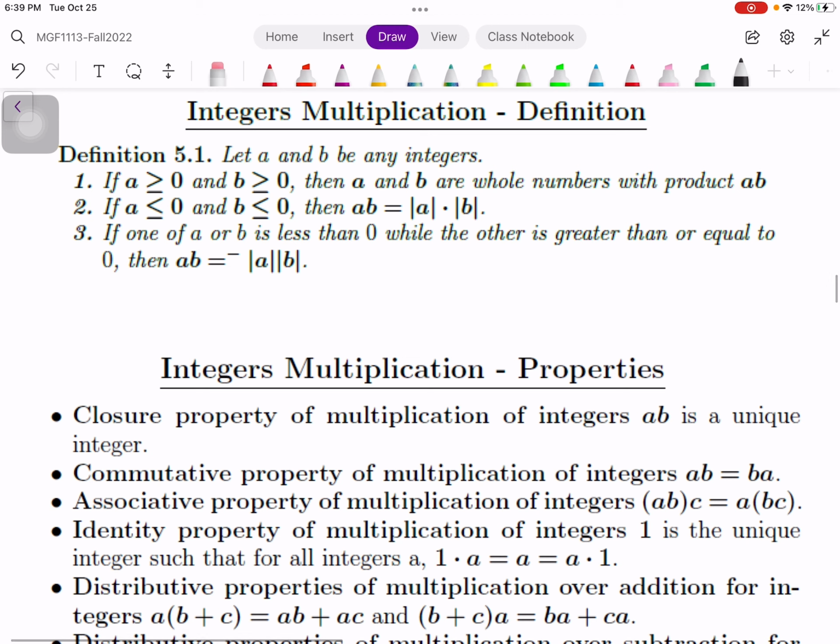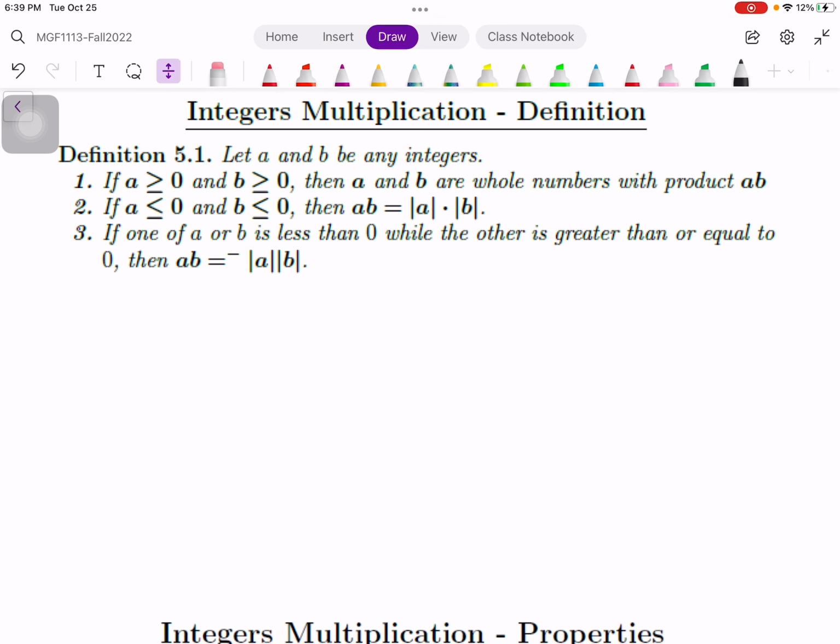But of course, if we were to think of what this number line or chip model produces, it shows that if both numbers are positive, then we're just multiplying whole numbers, which we know how to deal with. If both numbers are negative, then the product will end up being the same as the product of their absolute values. So basically, we will ignore the negative signs.